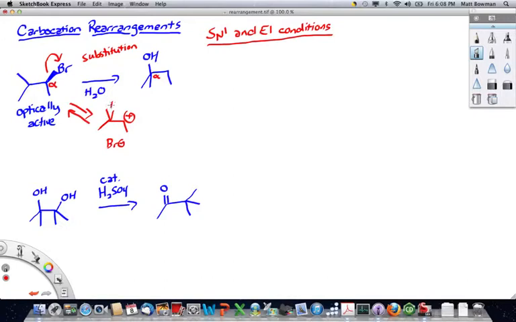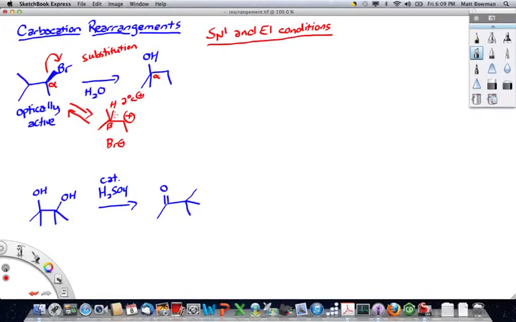And before the water has a chance to attack, what can happen is you can shift a group from a neighboring beta carbon over to that carbocation. And this group can be about anything, hydrogen, carbon, about any group that you like. The caveat is there must be some driving force to this. Like here we have a secondary carbocation.